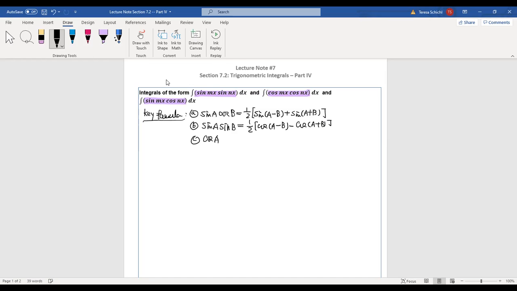If I have cosine A cosine B, then it will be 1/2 cosine A minus B plus cosine A plus B.